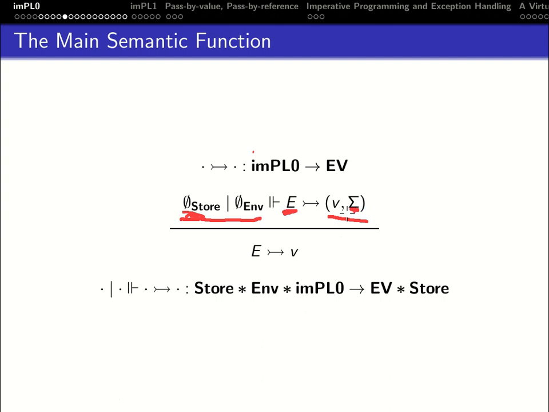So the previous store is no longer the same at the end of the operation, because X may become from 1 becomes 2. Right? And at the end, when I have the entire expression which executes, the store will not be empty. On the contrary, it will have all the values of all the variables inside.